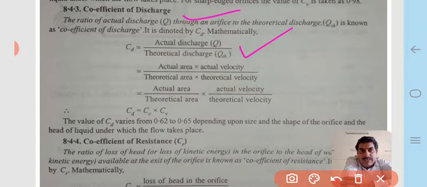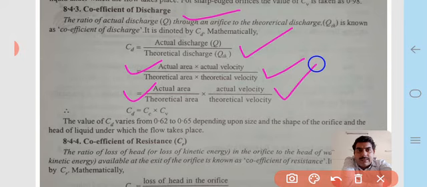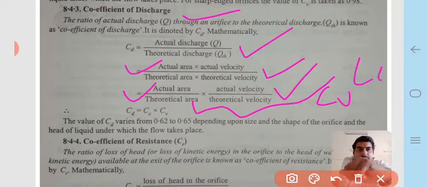Actual discharge is the actual area into actual velocity, and theoretical discharge is theoretical area into theoretical velocity. Therefore it can be broken up into actual area upon theoretical area, and actual velocity upon theoretical velocity, and these two terms are known as CC and CV.